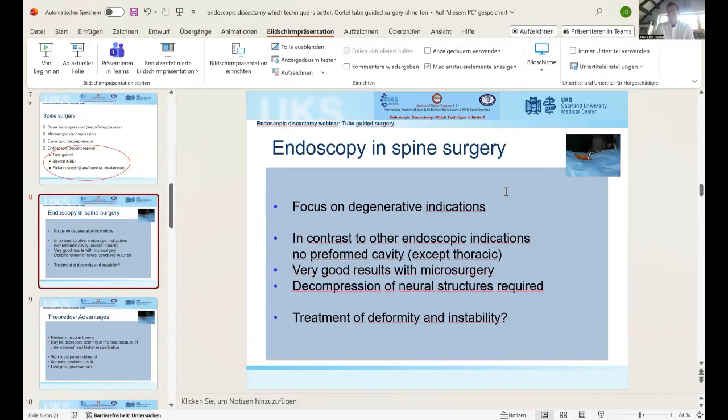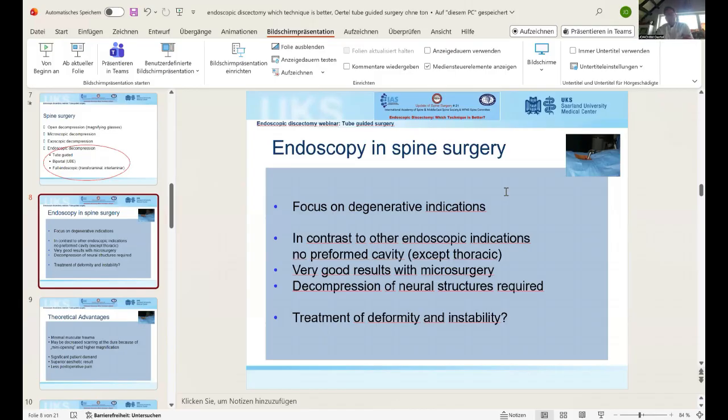This is different from urology, ENT, or brain surgery, because we don't have a preformed cavity. And we have to talk about very good results with microsurgery. The success rate in discectomy, particularly when you look at all the randomized studies, is about 90% long-term radicular symptom relief.